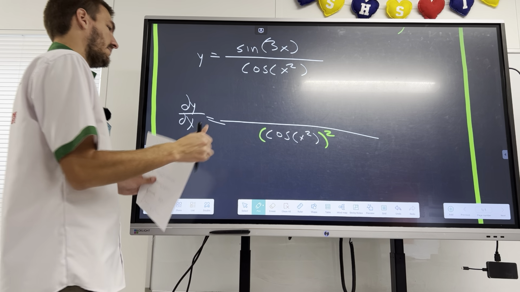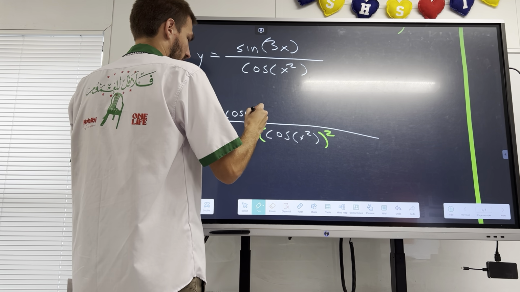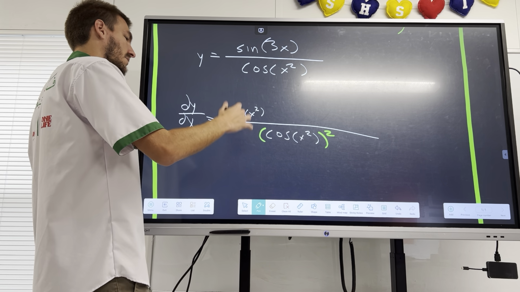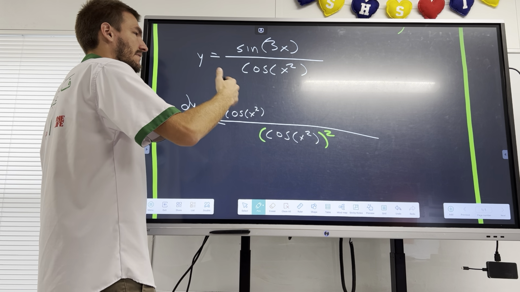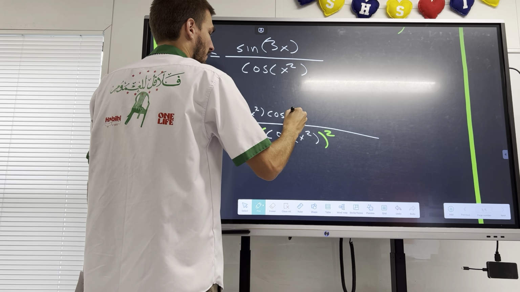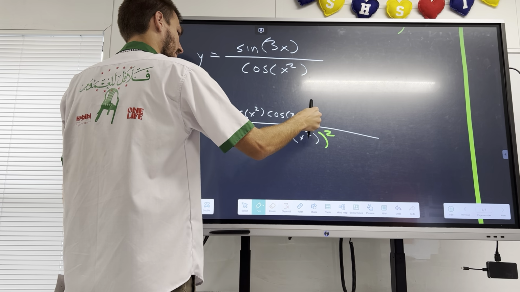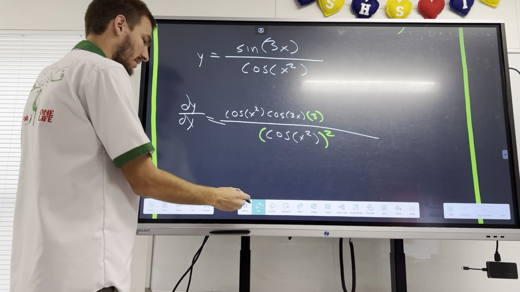And then onto the top, another low, just a regular low, no derivatives yet. Low, low, low. Here comes our first d high, which is the derivative of the high function, which is going to be cosine of 3x, and eject a little 3, because that's the derivative of the inside using our new chain rule.